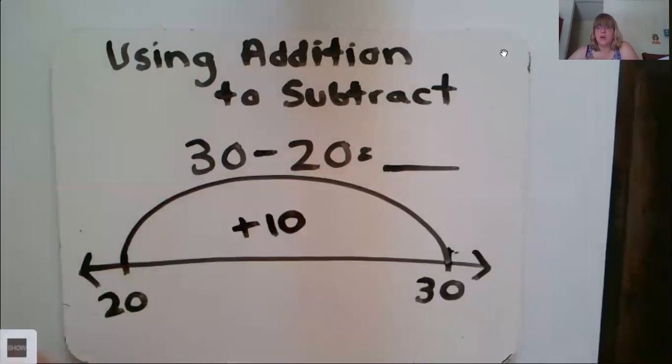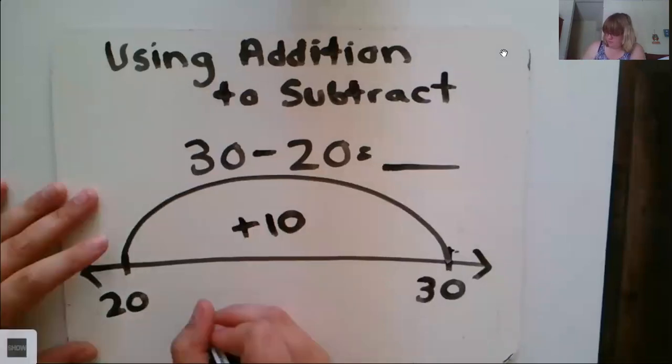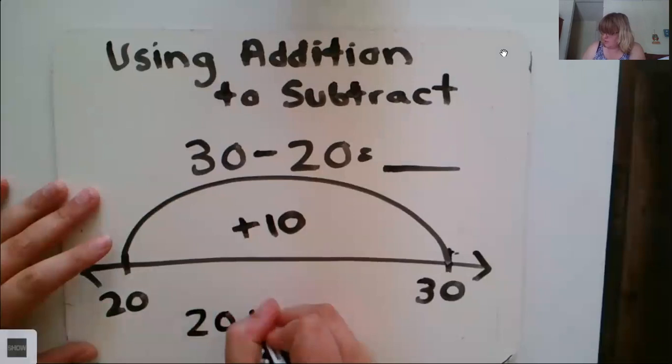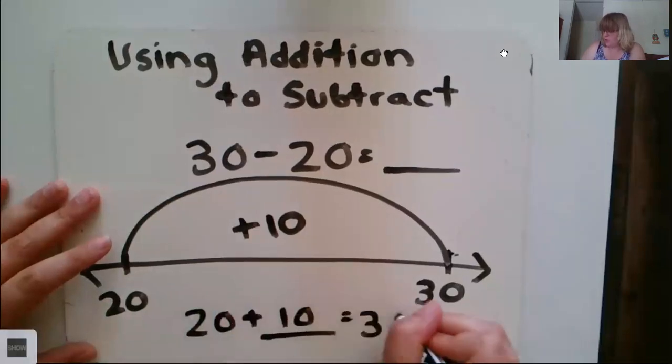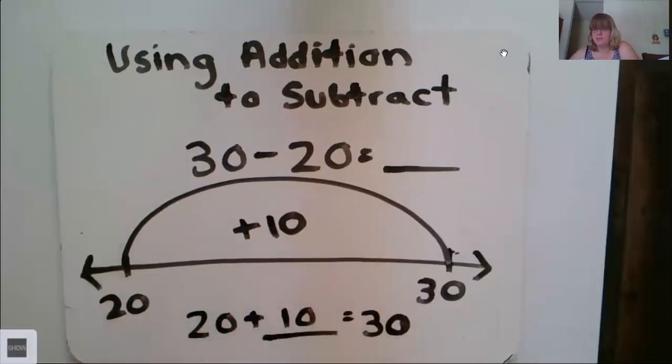But how does knowing that 20 plus 10 equals 30 help us? Well, we can use that information from our jump to create a missing addend problem. So if I know that 20 plus 10 equals 30, I can flip my problem to make a subtraction equation.